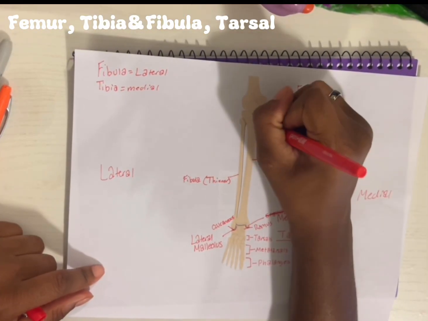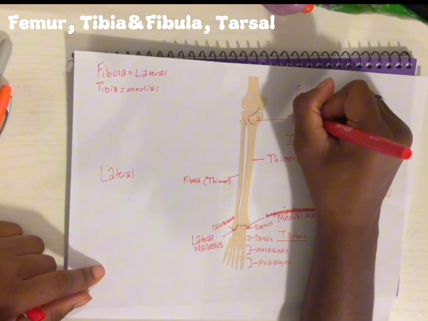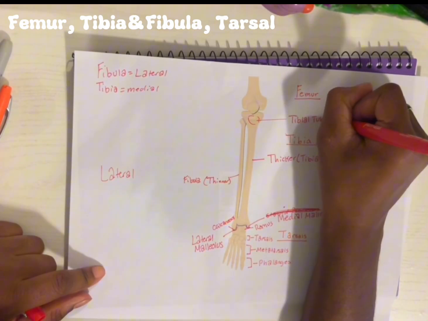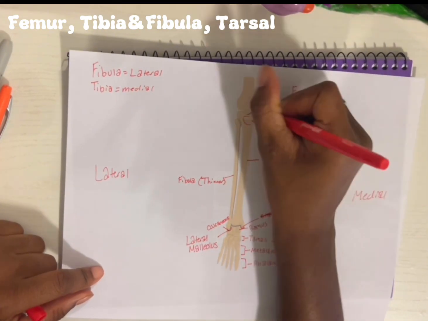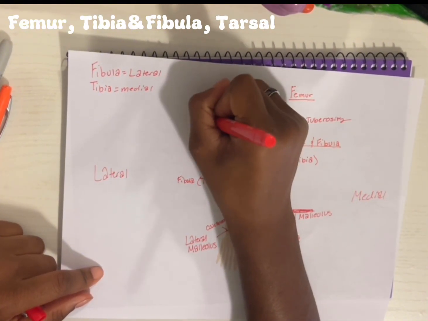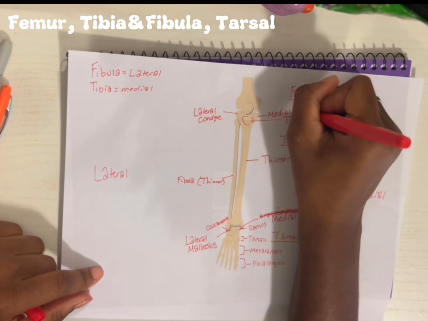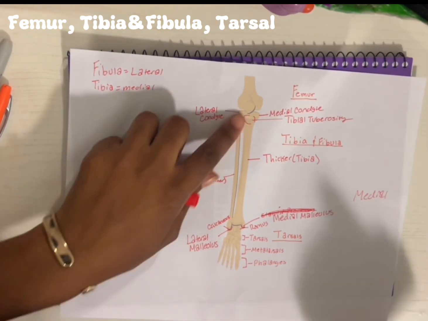Right here, this is the tibial tuberosity, because it's on the tibia. This is the lateral condyle, medial condyle. This is obviously the patella.